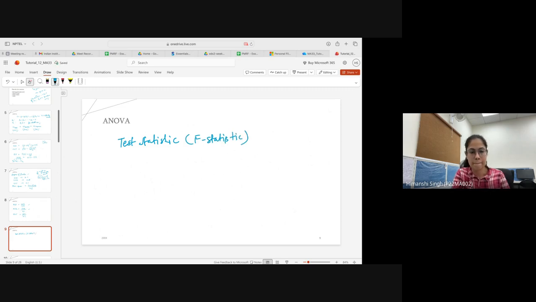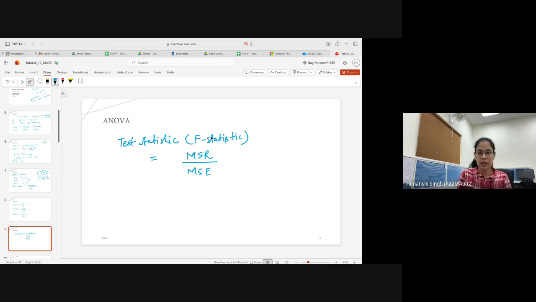It equals the mean square due to regression divided by the mean square due to residuals. So this is the test statistic we have.